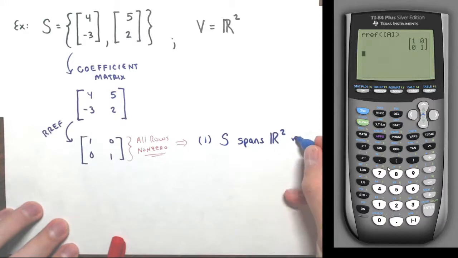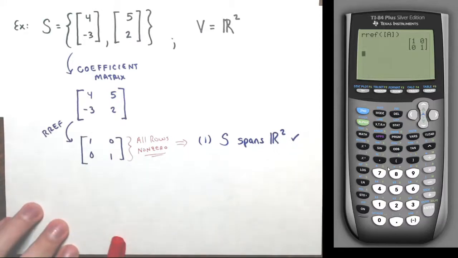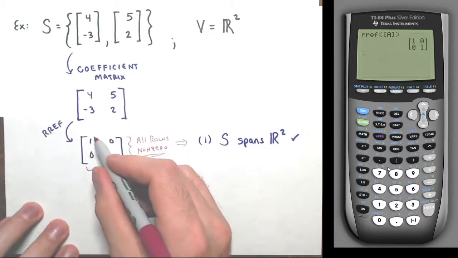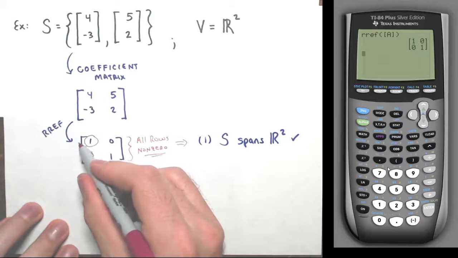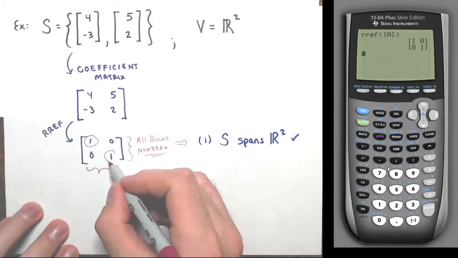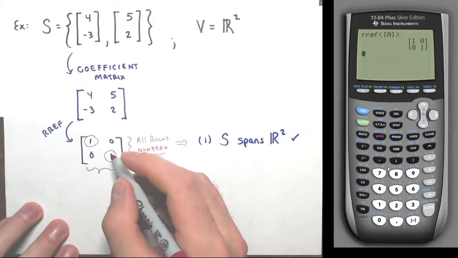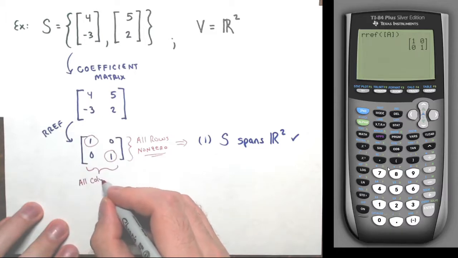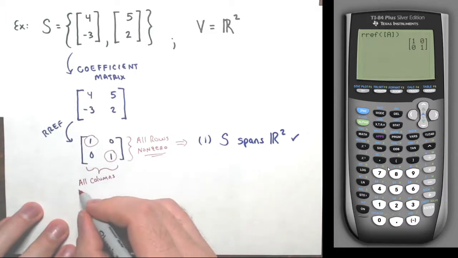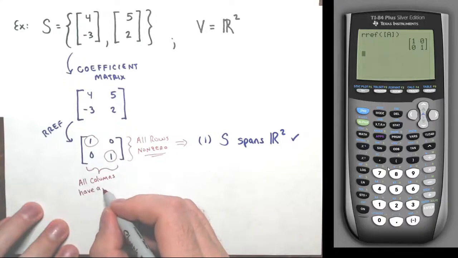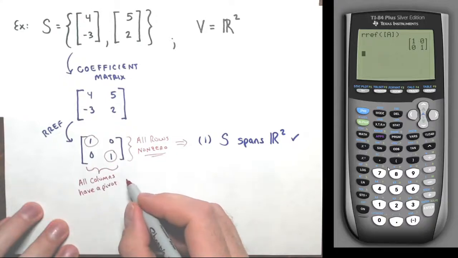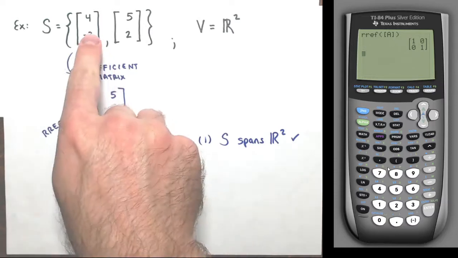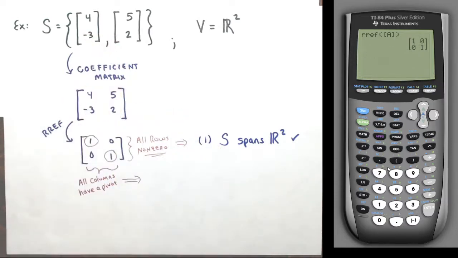And then looking at the columns, which columns have pivots, which columns have these leading ones? Well, the first column has the leading one from row 1, and the second column has the leading one from row 2. So all columns have a pivot. Real shortcut here to indicate to me that yes, indeed, these vectors are linearly independent.